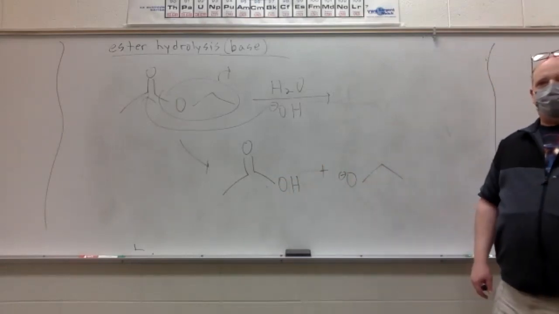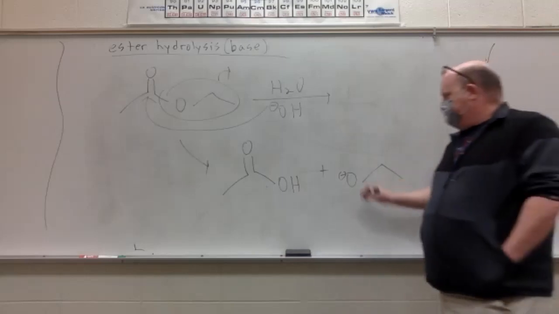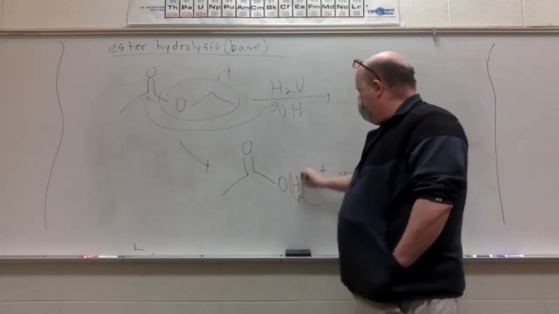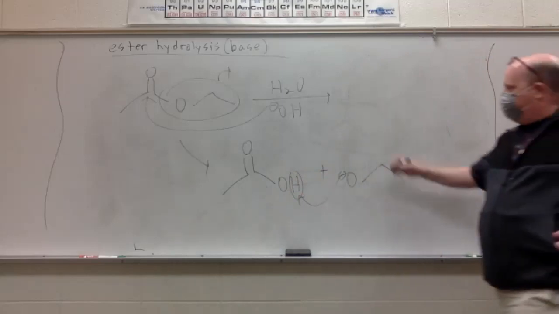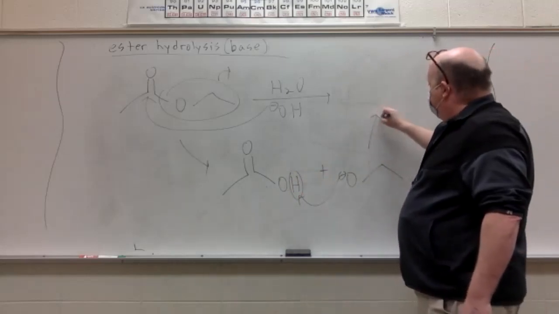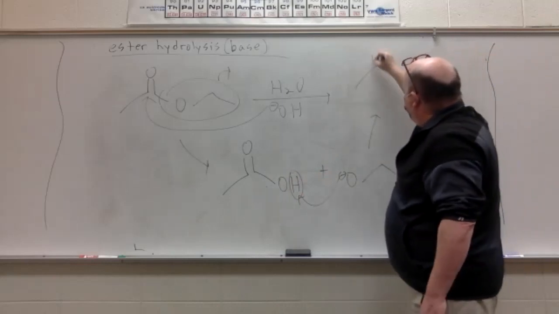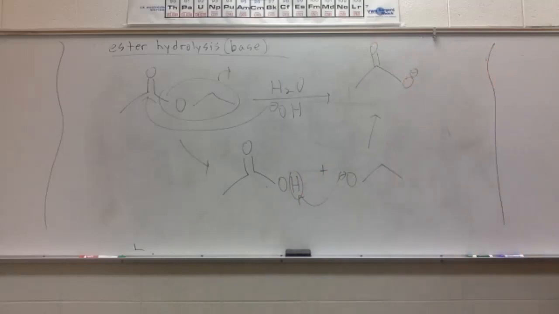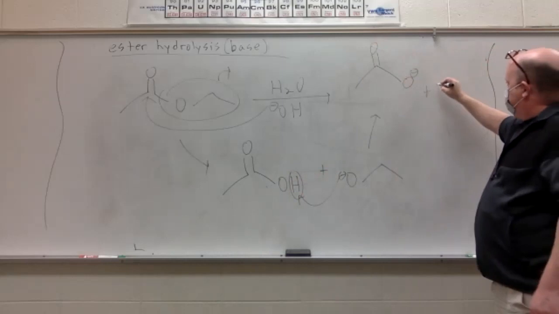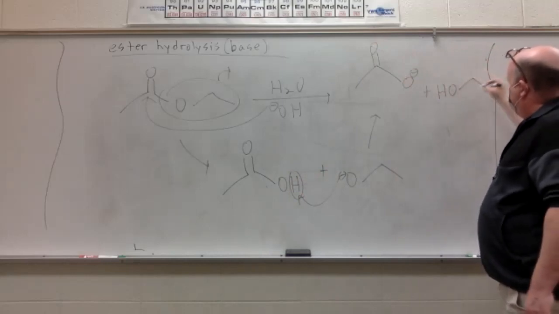Is there? You betcha. So what happens is actually, once you form this, that OR minus will steal a hydrogen from your acid. And as far as the final products go, you don't end up with a carboxylic acid. You end up with a carboxylate ion and an alcohol.